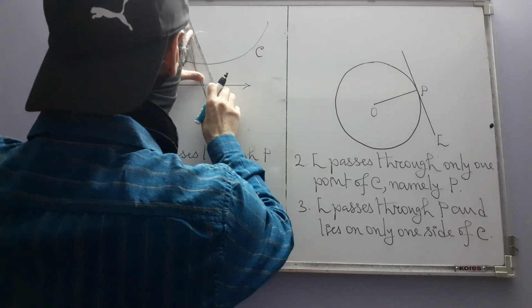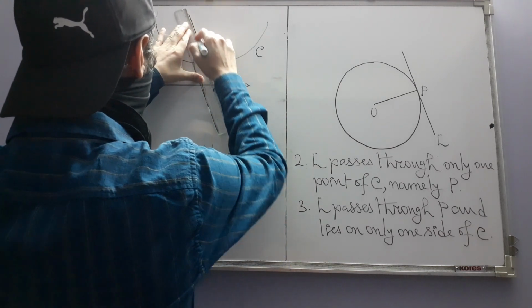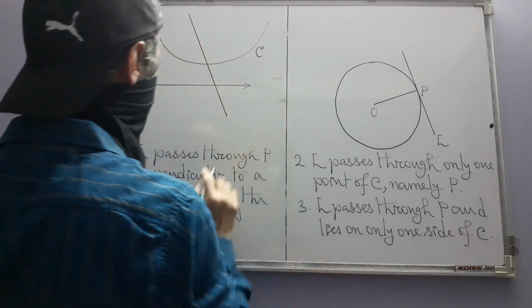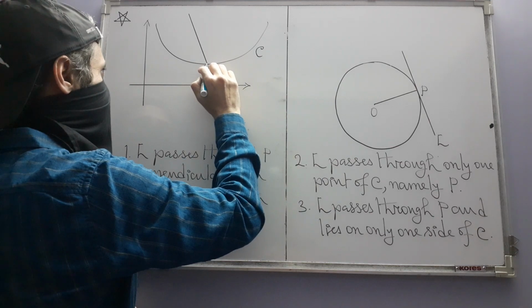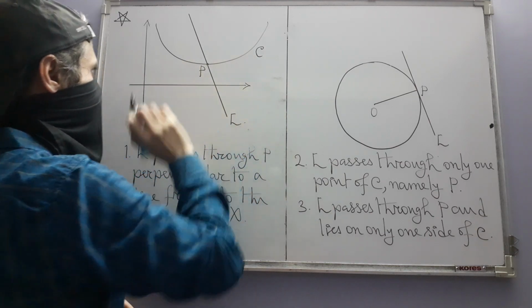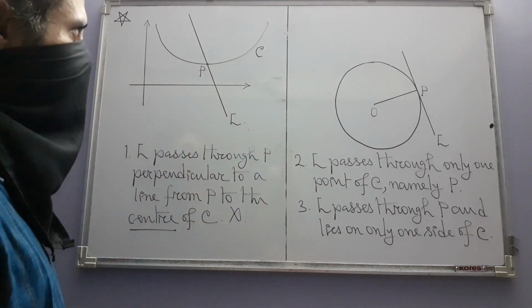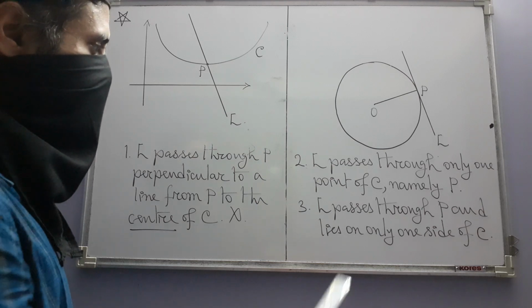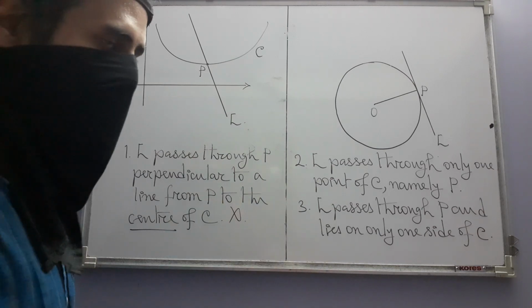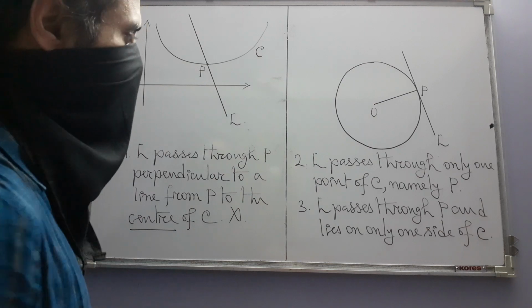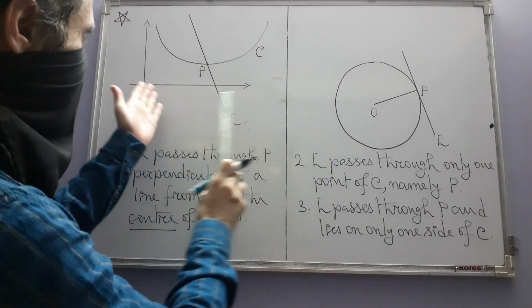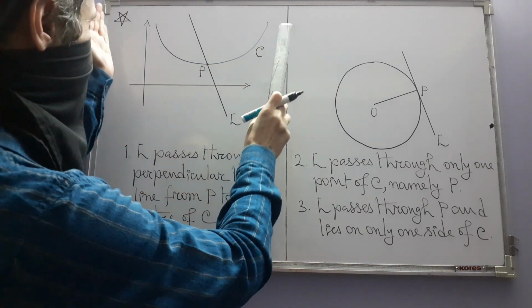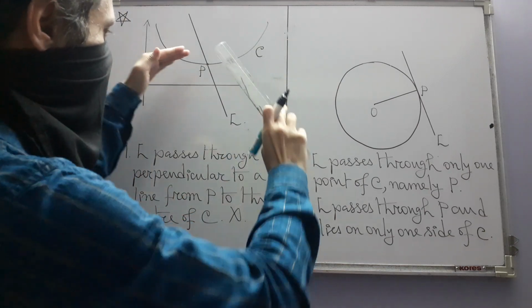You can then think of a line like this, L, which passes through the point P on C. Then the second condition for this line and this curve is true. L passes through only one point of C, and I say that this is a parabolic curve because this curve is not going to come back together.